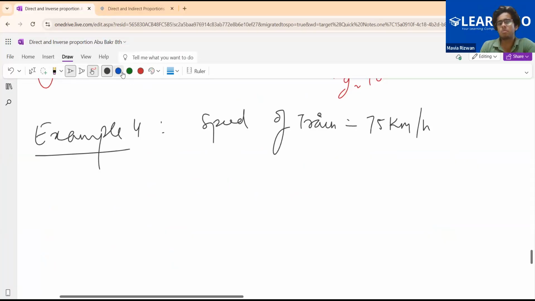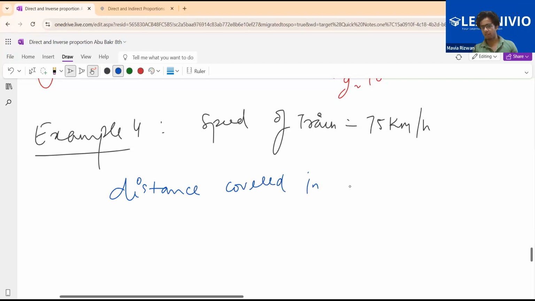Now, this means that distance covered in 1 hour is 75 kilometers.